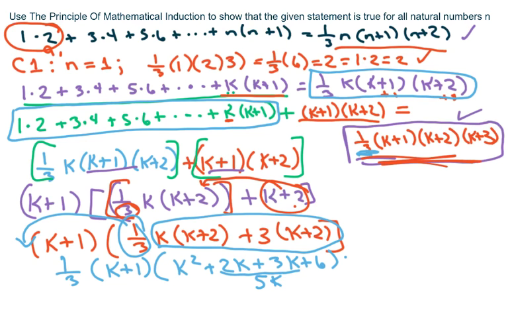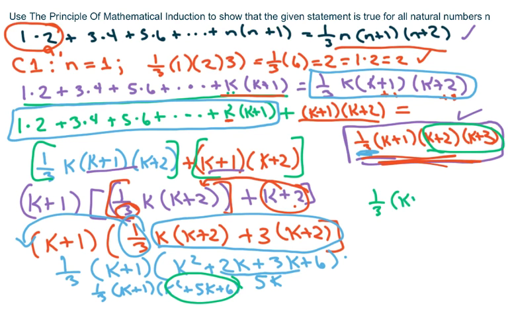So factoring more, you have 1/3 k plus 1 times k squared plus 5k plus 6. And when you factor this, you're going to get those two factors. So my answer is going to be 1/3 k plus 1 times k plus 2 times k plus 3. This is just from factoring.